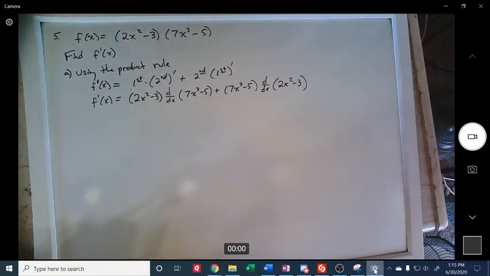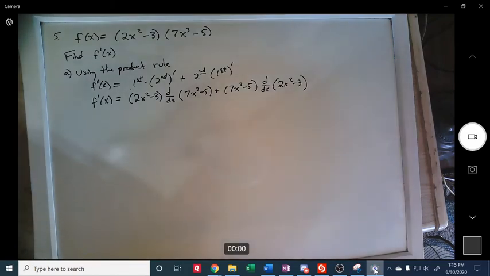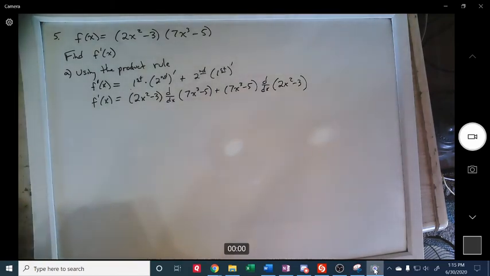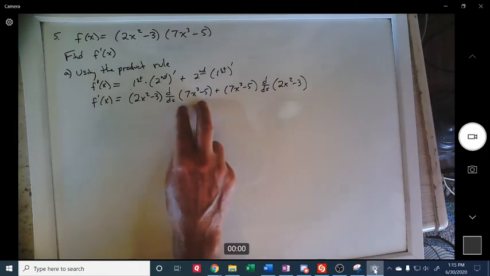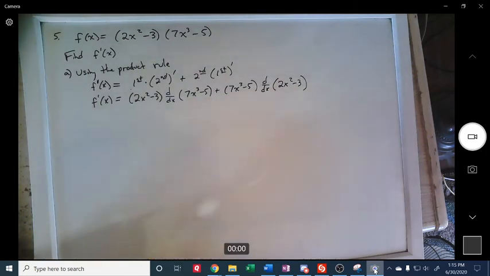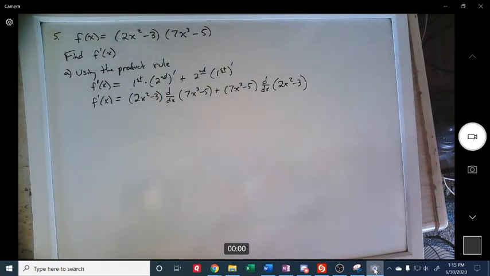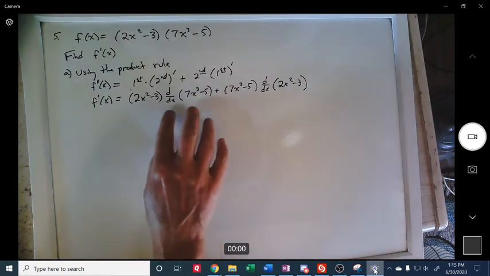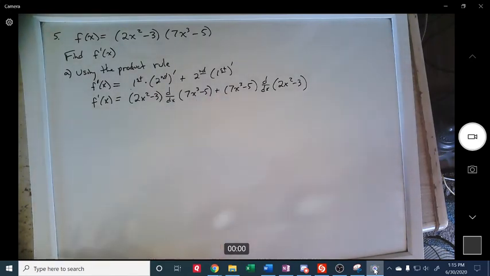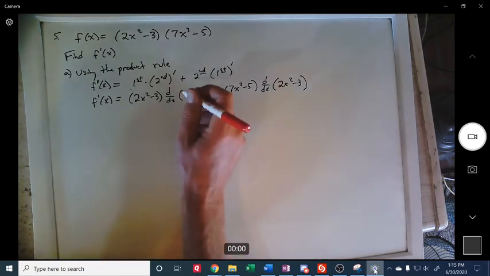Now you don't have to write it out like this, where you're showing what you're taking the derivative of each time. You could have just put in the result from there. But the first time I do it, I like to just show the real process. And it's really handy to have this as a tool. You'll eventually get to some functions that are so complicated that you can't take that derivative very quickly in your head, and so you'll want to write out the derivative of what it is you're going to be taking.